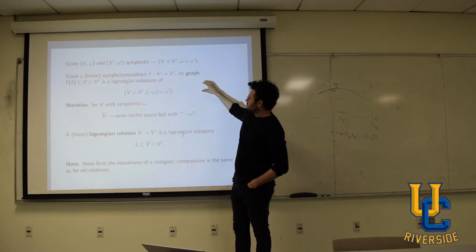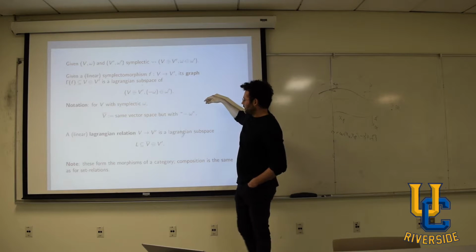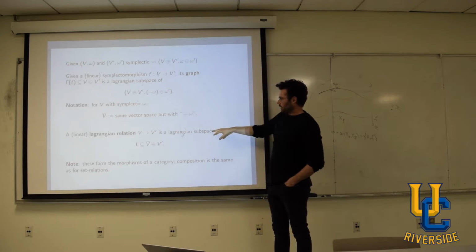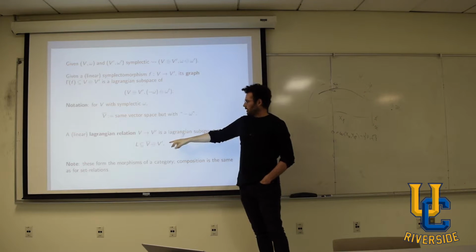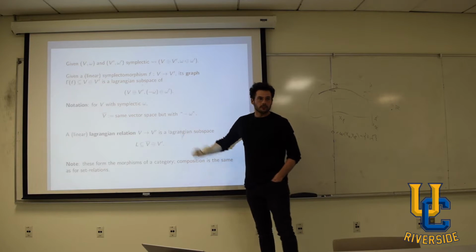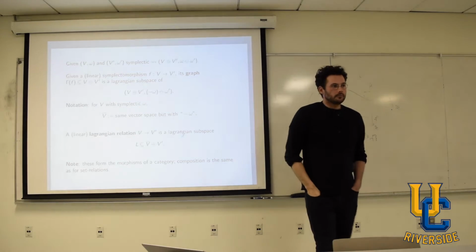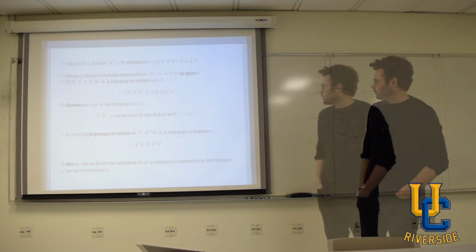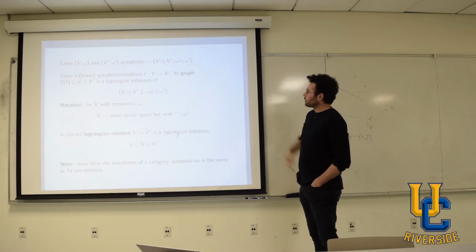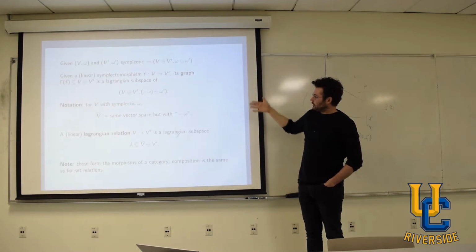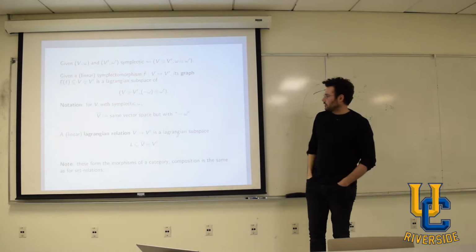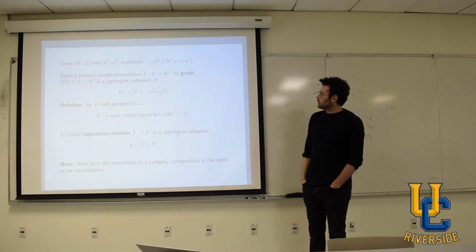So this is how we get the morphisms in the linear symplectic category. So a Lagrangian relation is a Lagrangian subspace in this direct sum where we twist one of the symplectic forms by multiplying it by -1. So Lagrangian relations generalize symplectomorphisms because the graph of every symplectomorphism is a Lagrangian relation, but not every Lagrangian relation is the graph of a symplectomorphism.